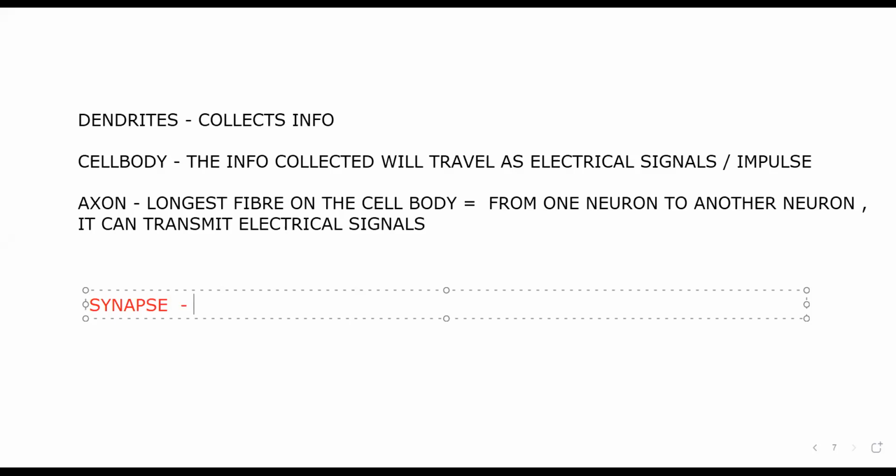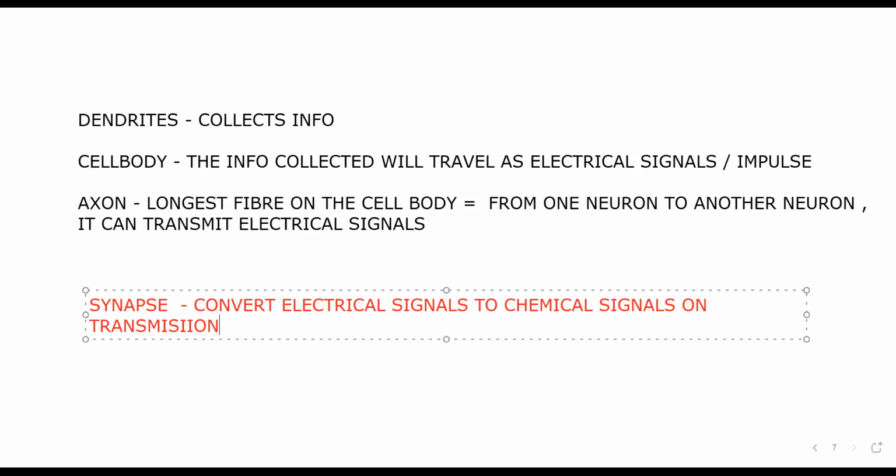So the main purpose of synapse is to convert electrical signals to chemical signals on transmission. Correct? On transmission. So to transmit from one part to another, it needs to convert electrical signals to chemical signals. Correct?